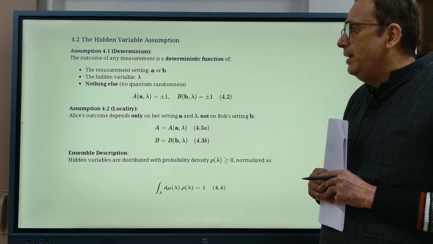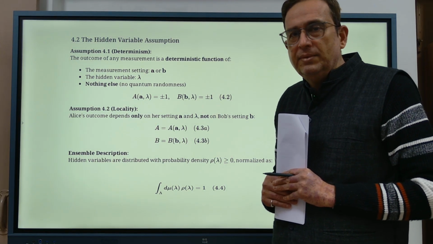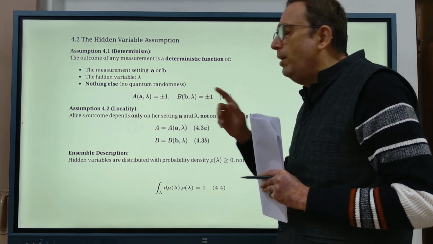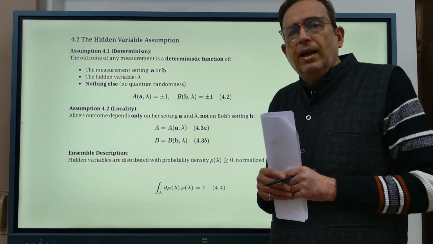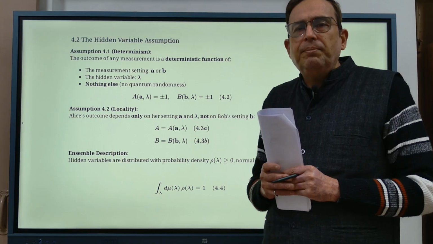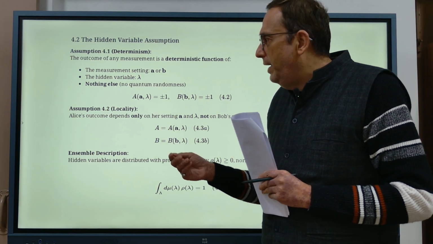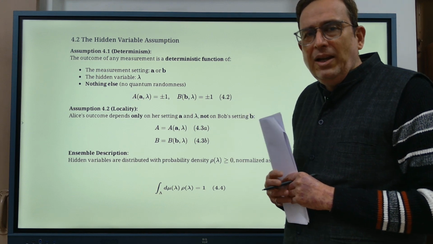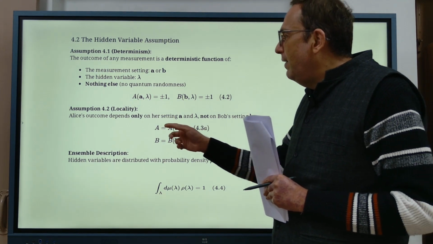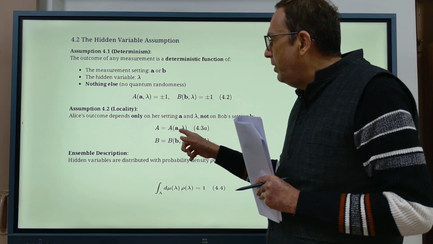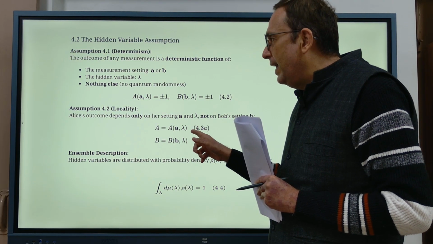The second assumption is locality. That is, Alice's outcome depends only on her settings. If Alice has a setting in the direction a and lambda is the value of the hidden parameter, then the value of the outcome capital A will only depend upon direction a and lambda and nothing else.